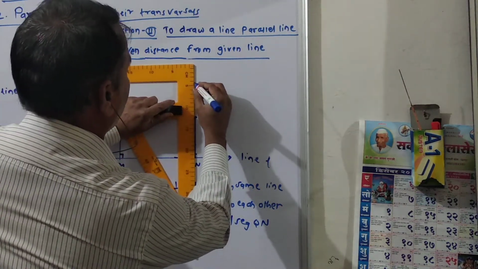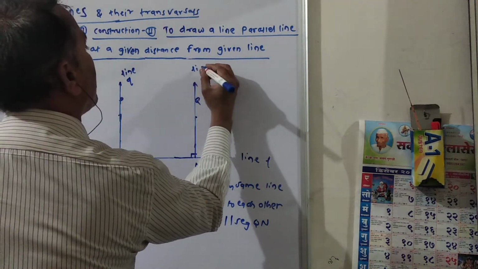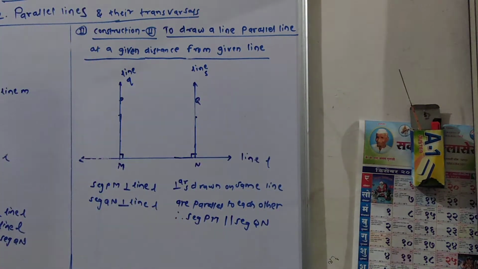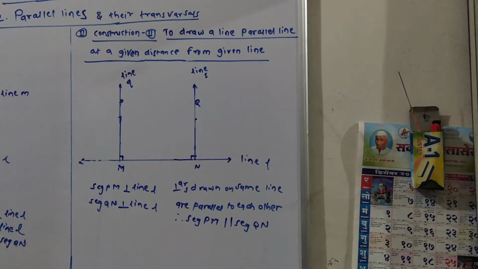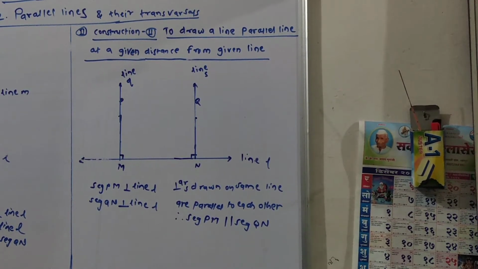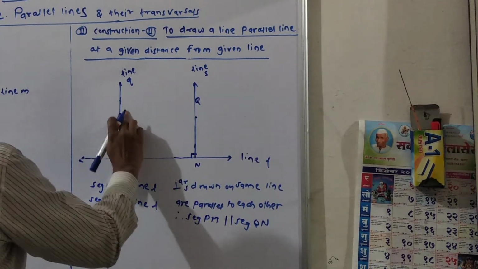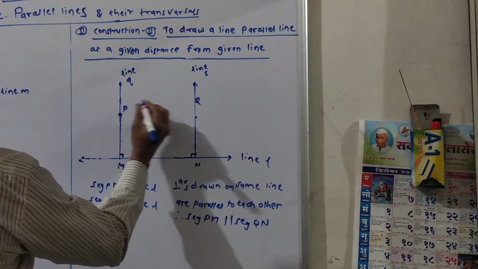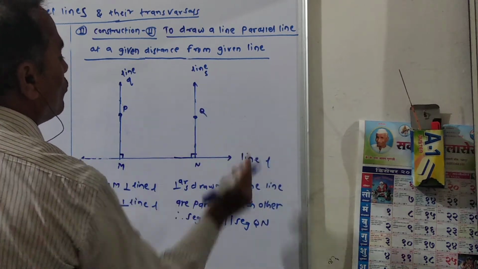This is the line Q, name it as line Q, and here is the line S. These are the 2 points: one point P is located near this perpendicular, another point is located here, named as the point Q, and we connect these 2 points.